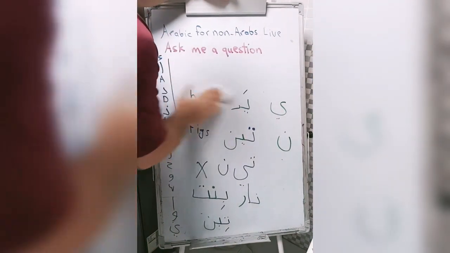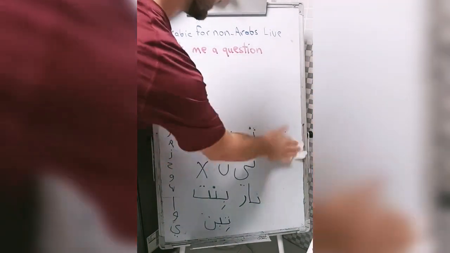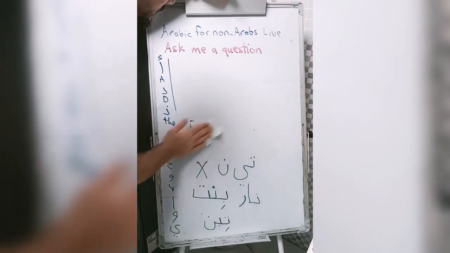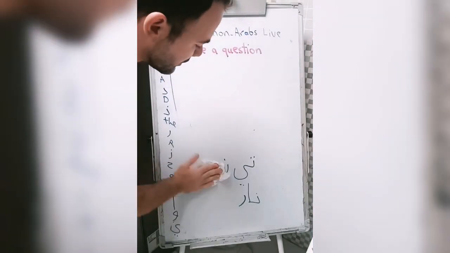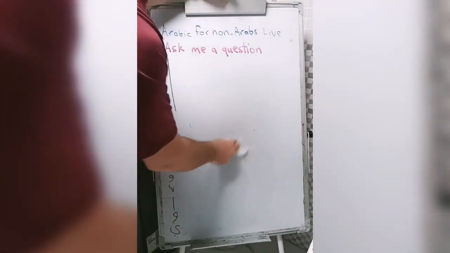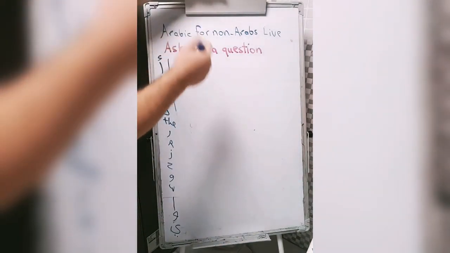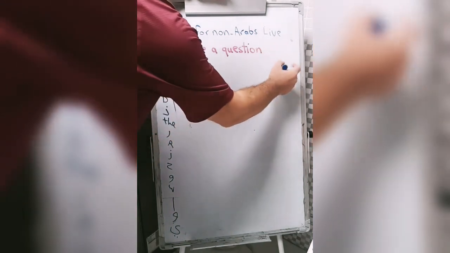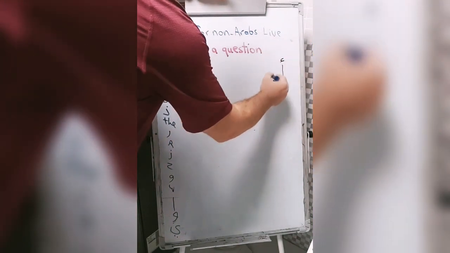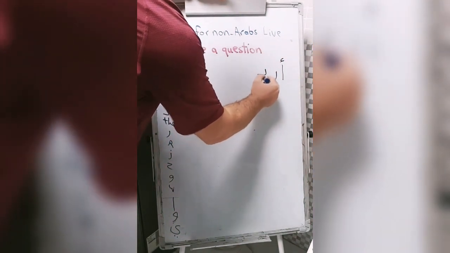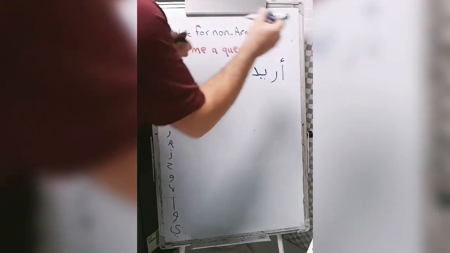So 11 letters have been covered. We have naughty letters, and we have 5 letters: ba, ta, tha, na, and ya. Now, before we go to the second one, I'm going to teach you one verb. Who can read this word?